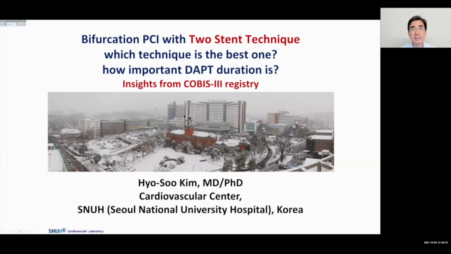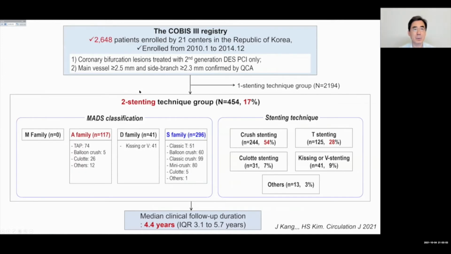To get an answer to this question, we analyzed the COBIS III registry. Which technique is the best one? How important is DAPT duration? We enrolled more than 2,600 patients having bifurcation lesions meeting such criteria from this period.